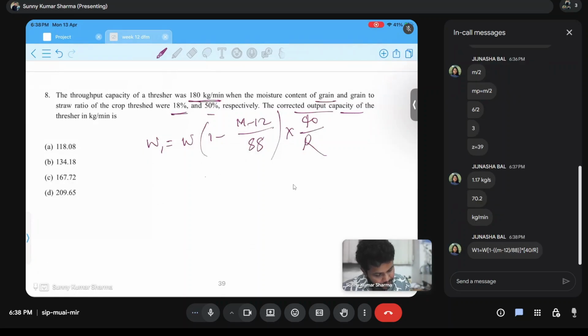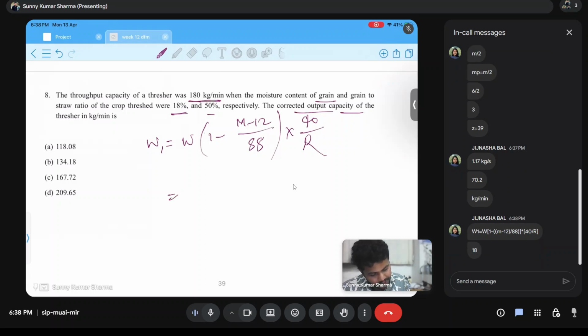It is 18 and 50, and 180 kg per minute is the throughput capacity of this thresher.